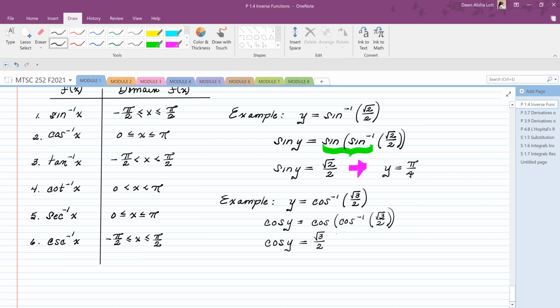Now I have to think of what angle has the square root of 3 over 2 as its cosine. And that says then that y is pi over 6. All right, so those are those inverses.